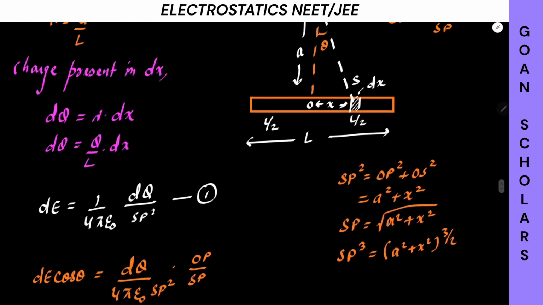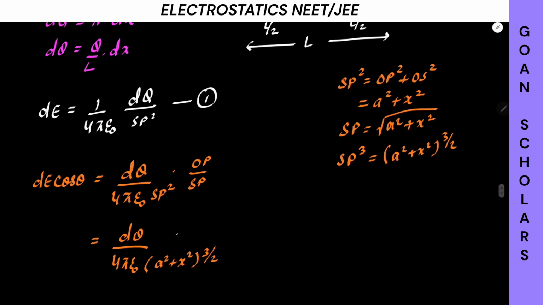In the numerator we are left with OP. What is OP? OP is the side A. So dq into A it is. I hope this is clear. So dE cos theta will give you this. And what is dq? dq is nothing but Q by L into dx, from the equation over here.